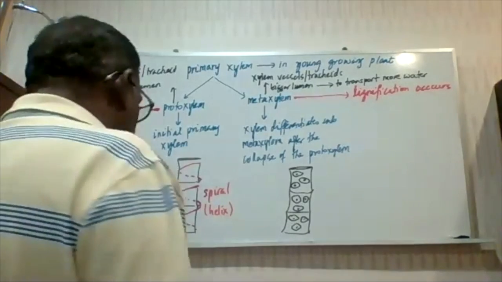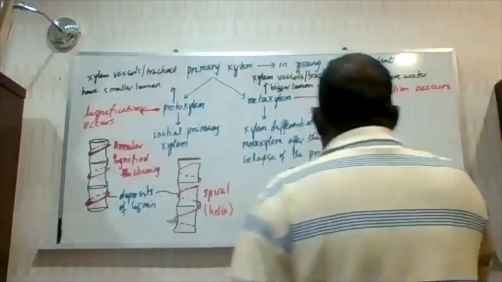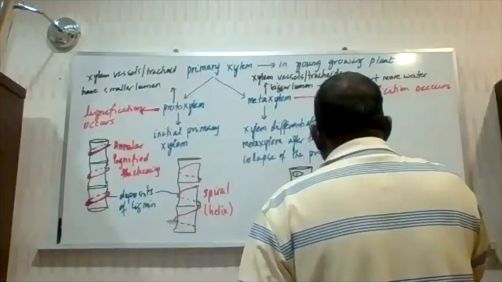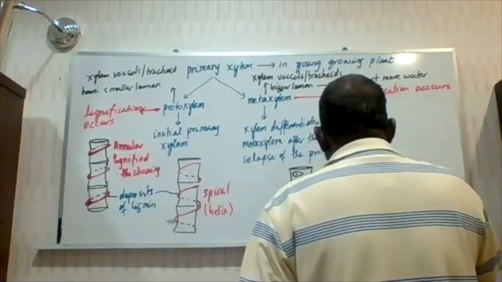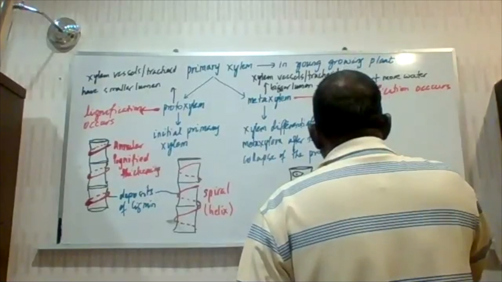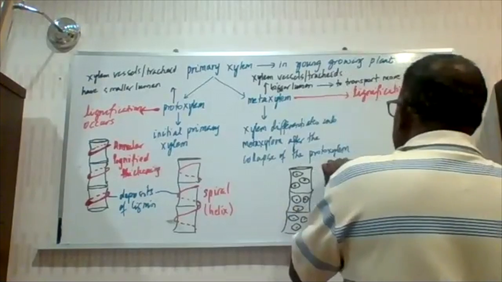And then you have what we call scalariform thickening, like that. I'm using a different color to show you that.